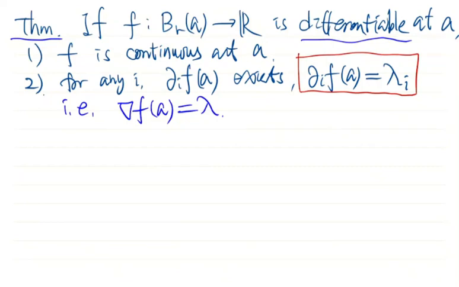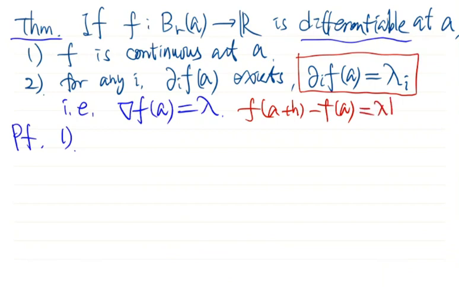So the proof of this theorem is also very easy. First, we prove that f is continuous. f is differentiable at a means that f(a+h) minus f(a) is the inner product of lambda and h plus a higher order term of the norm of h. This equality holds as h goes to 0, as the norm of h goes to 0.